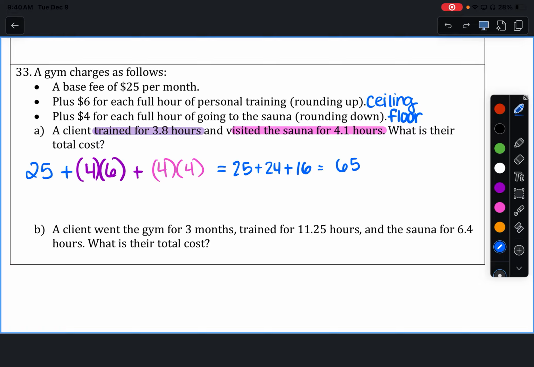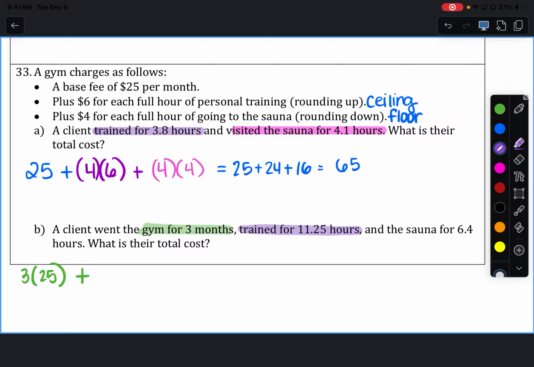Okay, now we're going to do the same thing but for B. Okay, so for B, a client went to the gym for 3 months. So what do I need to do for that? 25 times 3. Okay, plus they trained for 11.25 hours.